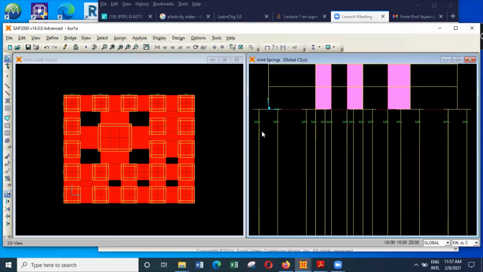Then I have to consider the next level, and that is at 4 meters. So when you look at the soil profile, 3 to 4 meters we get sandy clay. 4 to 5 meters we get laterite soil. For the laterite soil, we calculated the spring constant as 10,800. And for the sandy clay, we have a spring constant of 1675.